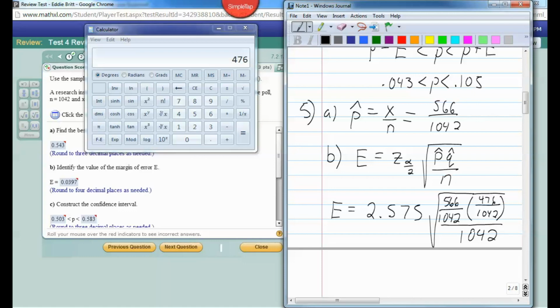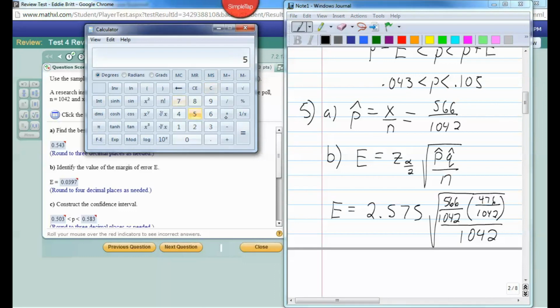The way I would do this, actually, is I would put this in parentheses. Notice how the Windows calculator shows the parentheses up here, so you can see what you have and whether that's the way you're trying to do your calculation.